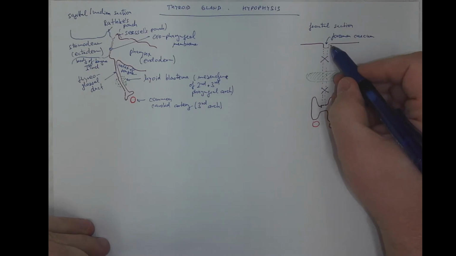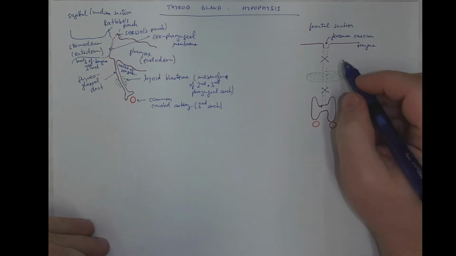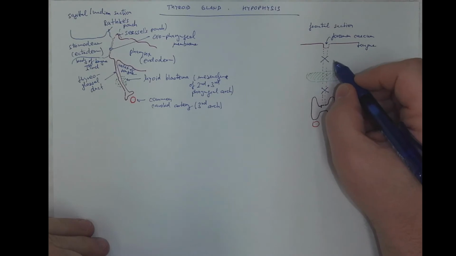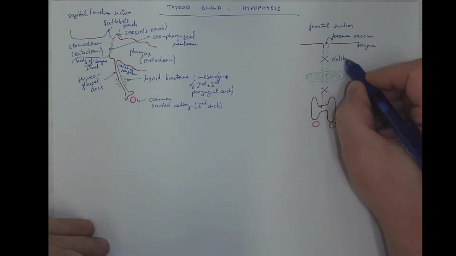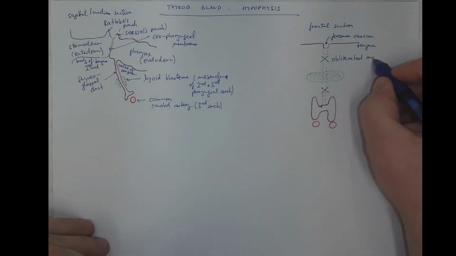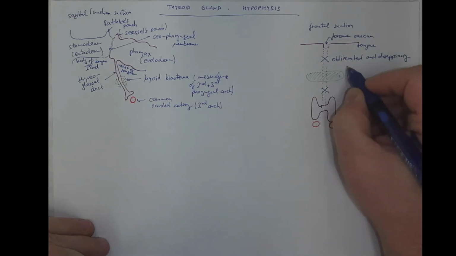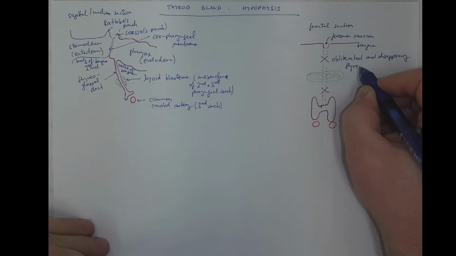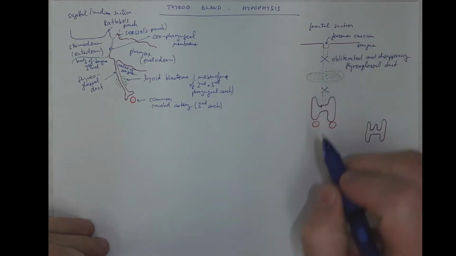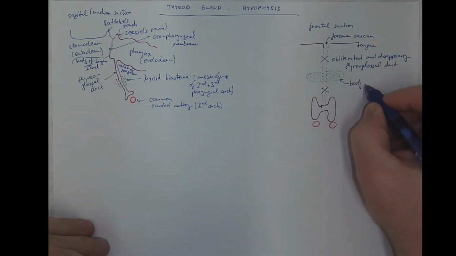On the root of the tongue, the thyroglossal duct disappears. So this is obliteration. Here will be the site of the body of the hyoid bone.